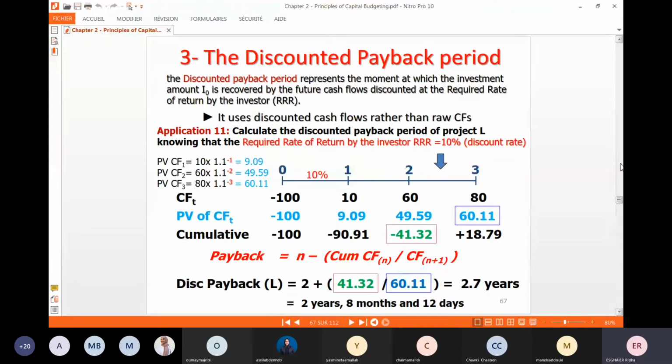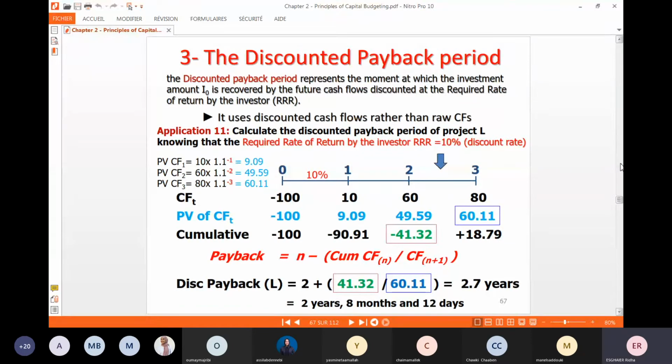Donc the fact that we ignore the cash flows that occur after the payback period or the discounted payback period is a big limitation, because you focus only on when you recover your initial investment. You don't care what comes to you afterwards.